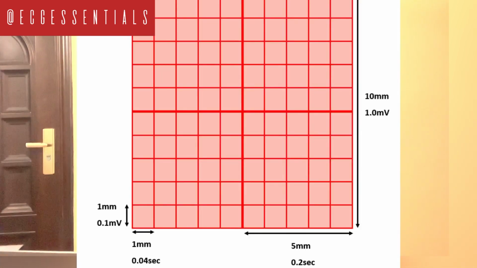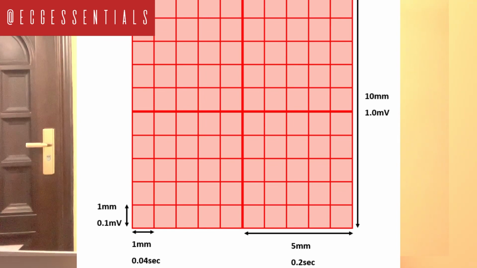Because we have agreed that these values are very important and we need to memorize them, let's make sure we have actually memorized them before we talk about any other thing. So we look at this familiar picture again that shows our famous graph paper. And here we see that there are small boxes that measure 1 millimeter by 1 millimeter, and there are also larger boxes that measure 5 millimeters by 5 millimeters, simply because 5 of the small squares make up 1 large square.